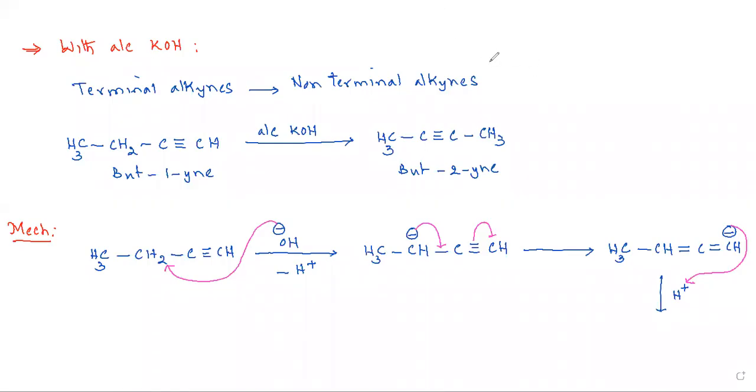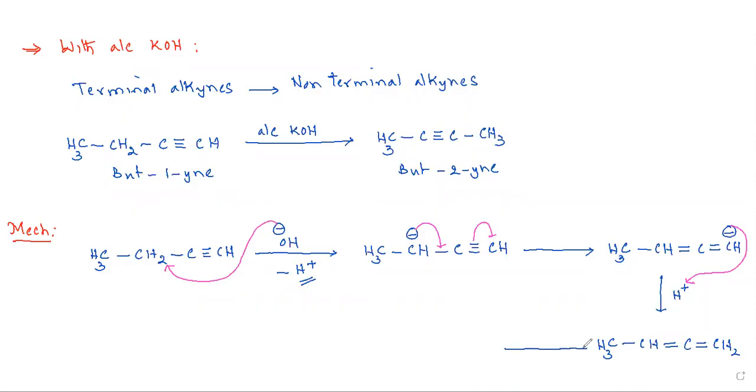But because we are in basic medium, we are considering the same H plus what has been abstracted in the beginning. I mean OH minus and this H plus combined to form water. From that I am taking a H plus. Okay, so H plus, then this will be like CH3, CH, double bond C, then this of course is CH. Okay.